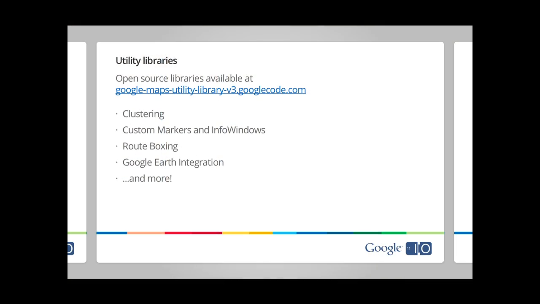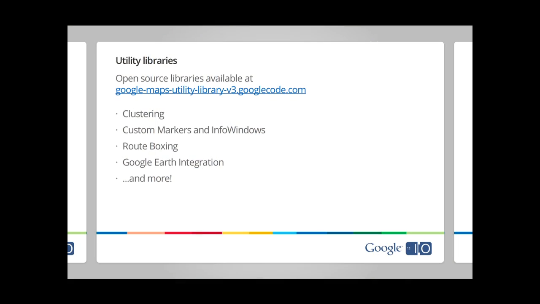These aren't loaded through the libraries tag in the Maps API, but are instead open source utilities that you can download, modify, and then use in conjunction with your map. They are developed by the Maps API team, and we do actively develop them and support them. You'll find utilities that do clustering, that do custom markers and info windows, that do route boxing, and then a very highly requested feature, Google Earth integration, we recently released as an open source library.